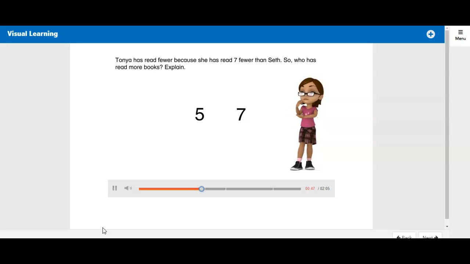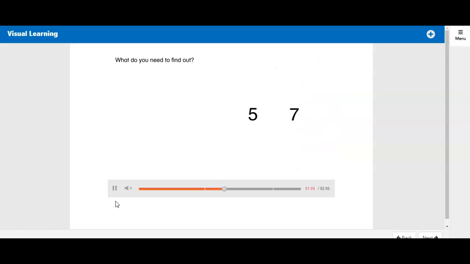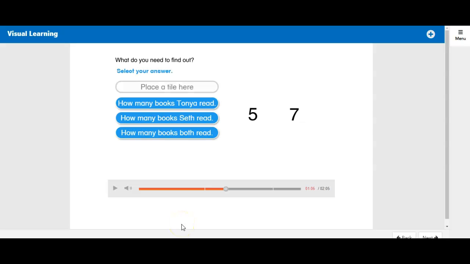So who has read more books? Explain. Seth has read more books because Tanya has read 7 fewer books than Seth. That also means that Seth has read 7 more books than Tanya. What do you need to find out?